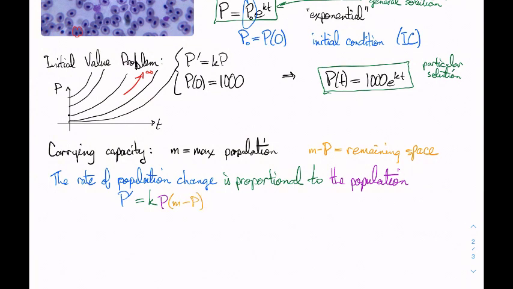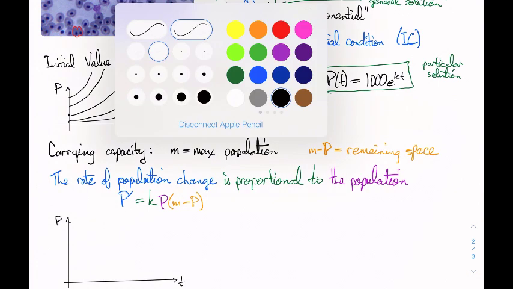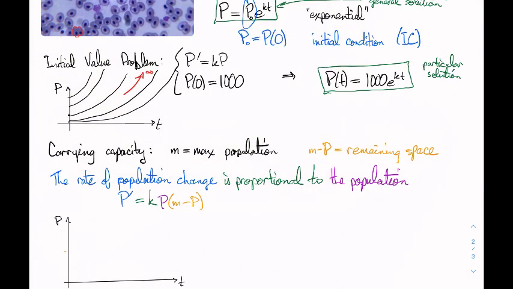All right, so now let's look at the resulting solution curves. We're going to have P on the vertical, t on the horizontal, and let's say we've got our max population here is going to be this line right here. So here's our M. Then the solution curves are going to grow exponentially until they get close to M, and then they're going to asymptotically approach M. And so that's true no matter where you begin.